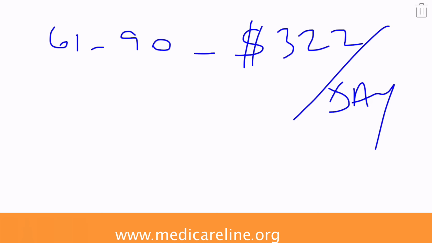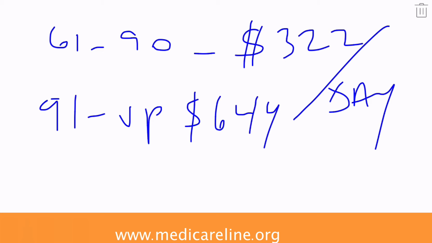And then if you stay for 91 days and up, then the cost can go up from there. It's $644, and this is per lifetime reserve day, and I can talk more about that term if you have questions. But basically, it just keeps going up. So you can see how it's variable.